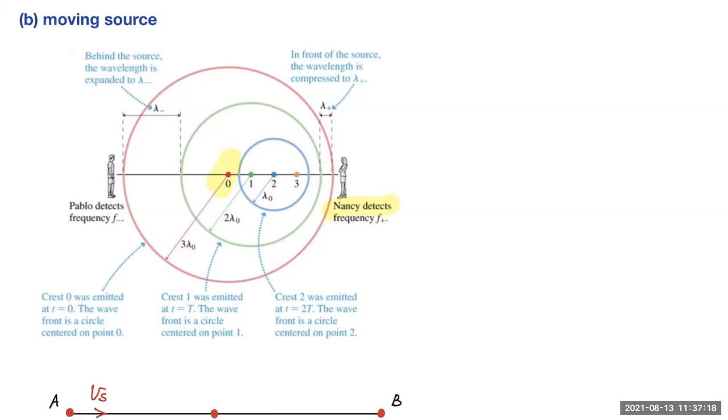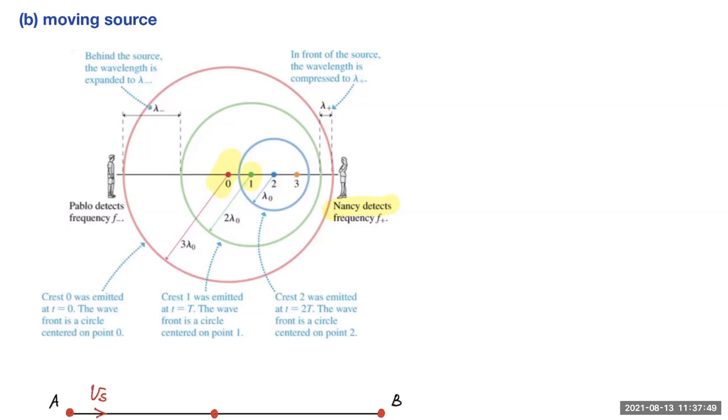And a little time t later, the source reaches point 1, which is at this green dot. The time it takes to go from point 0 to point 1 happens to be the time it takes for one period of the wave, which means by the time you first emit a wave at point 0, and that wave starts to propagate, and then by the time you reach point 1, you emit your second wave.